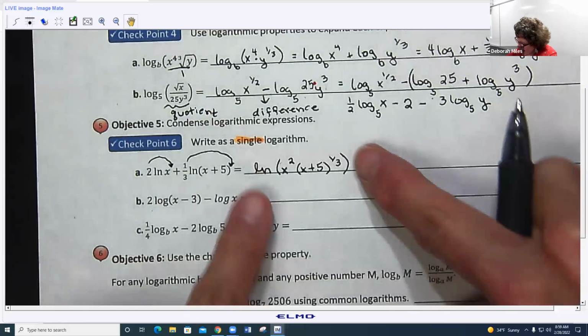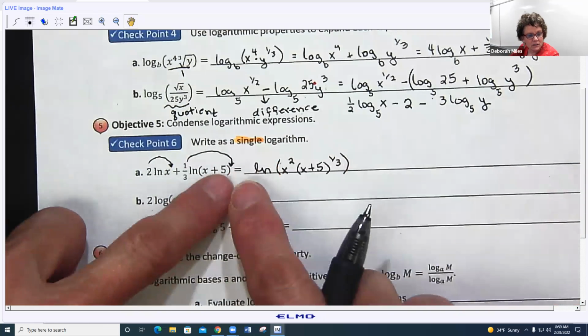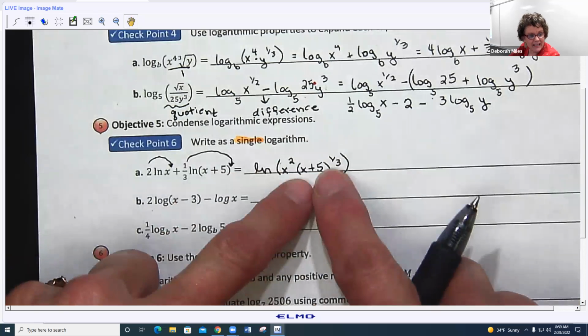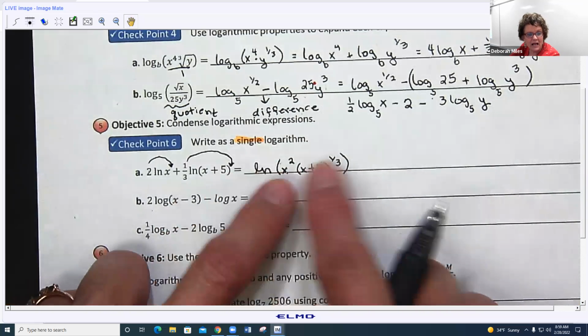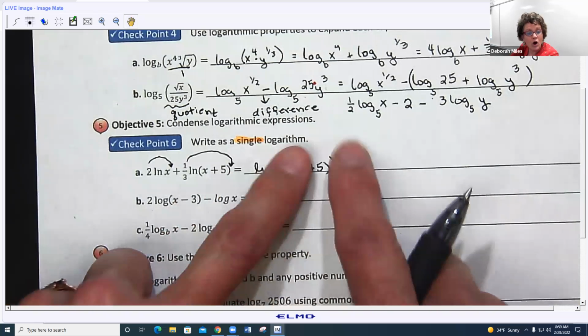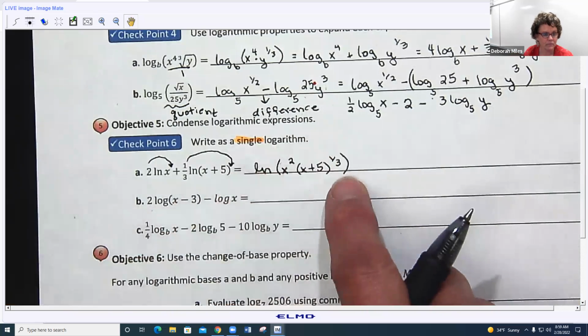You really don't have to have these outer parentheses, because if you have the argument as a product, it's understood that the natural log applies to the whole product. It's not wrong if you use those outer parentheses, you just don't have to.